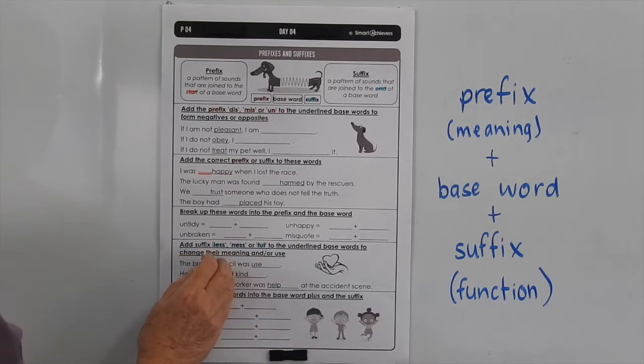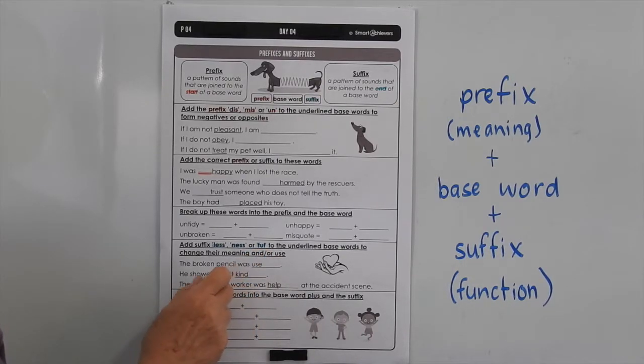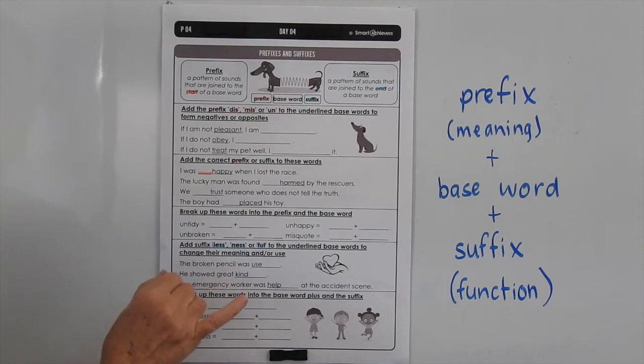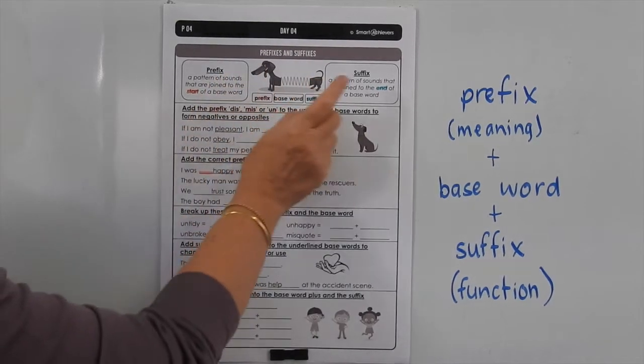Just be aware that when we add less and ness to the end of a word we keep the double S, but when we add full to the end of a word we drop the L. From a spelling point of view, adding a suffix to the end of a base word is the tricky part, because you've got to know when to change a Y to an I or not. So there are all sorts of things to be aware of, but we've given you some nice easy ones today. So it's just breaking the words up basically into the base word plus the affix, whether it be a prefix or a suffix.